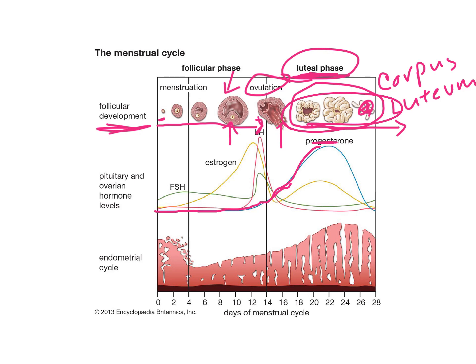If pregnancy were to occur, we'd see progesterone levels plateau and remain that high to maintain that uterine lining for the remainder of the pregnancy. But again, more often than not, pregnancy doesn't happen, so we see progesterone levels decrease to get ready for the next cycle.